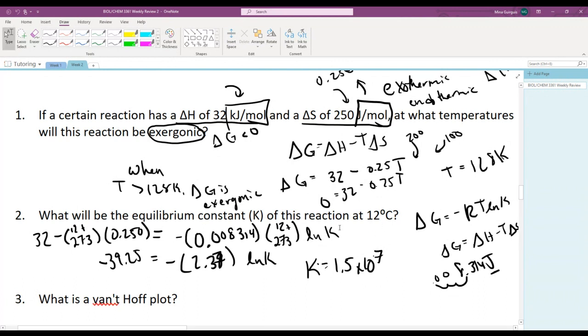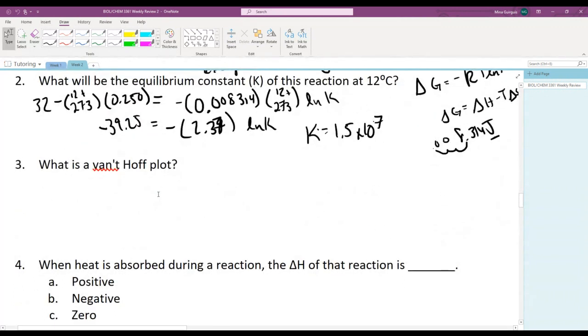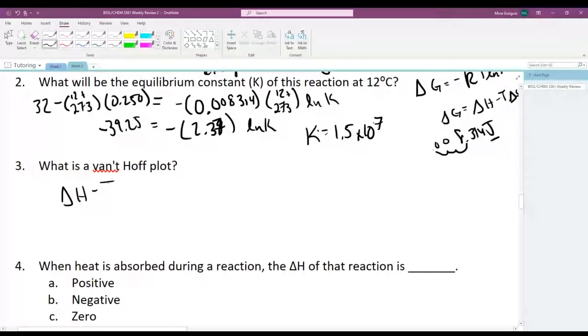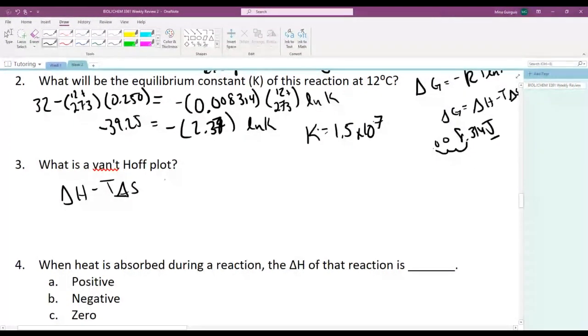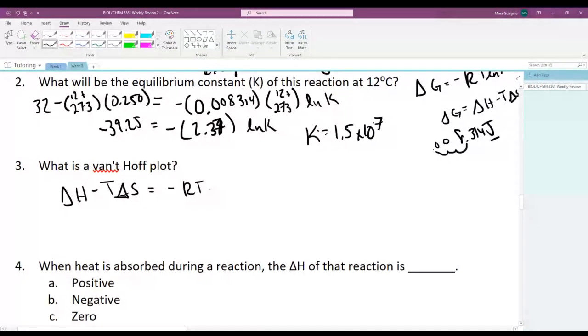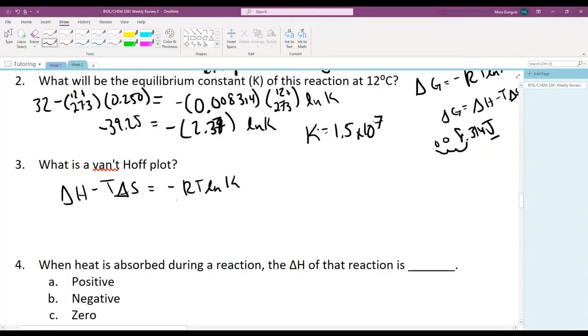So that's that. Okay. The next question: what is a Van't Hoff plot? Okay. So this one is based on the previous questions that we did, or rather based on the equation that we kind of came up with from the previous question. So if we have the equation delta H minus T delta S, and we set that equal to negative RT times the natural log of K, this is the relationship we use for the Van't Hoff plot.